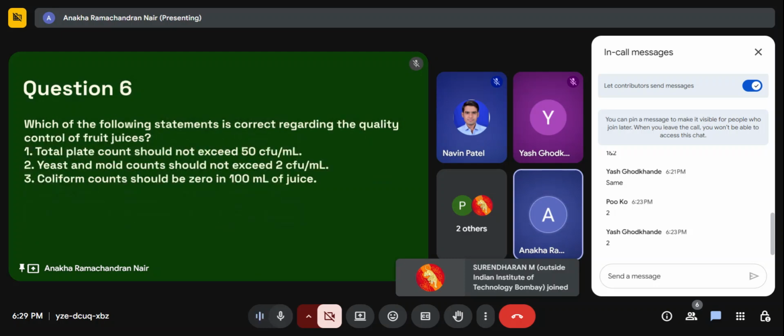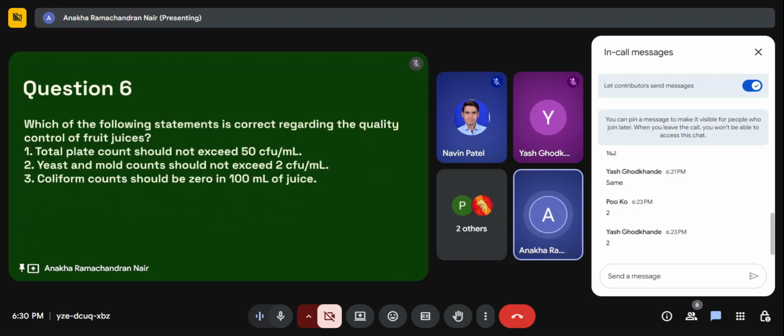Question number 6 is: which of the following statements is correct regarding the quality control of fruit juices? There are three options given to you. Total plate count should not exceed 50 colony forming units per ml. Option 2 is yeast and mold count should not exceed 2 colony forming units per ml. And 3, coliform count should be 0 in 100 ml of juice. Out of these, which is correct?